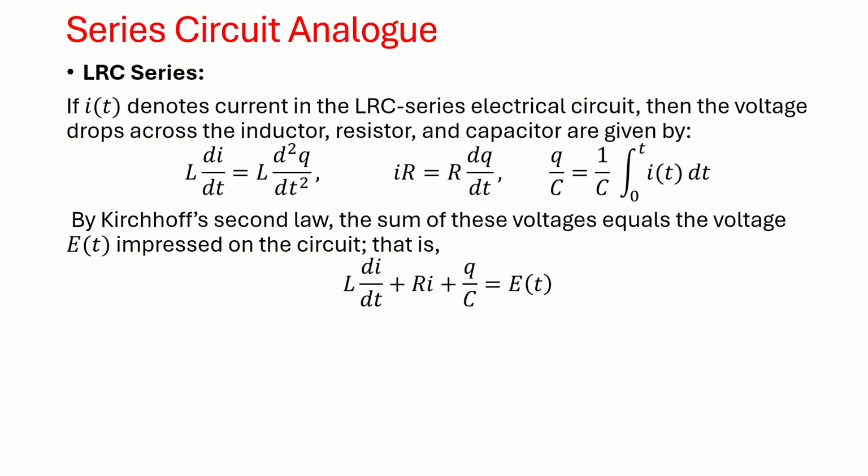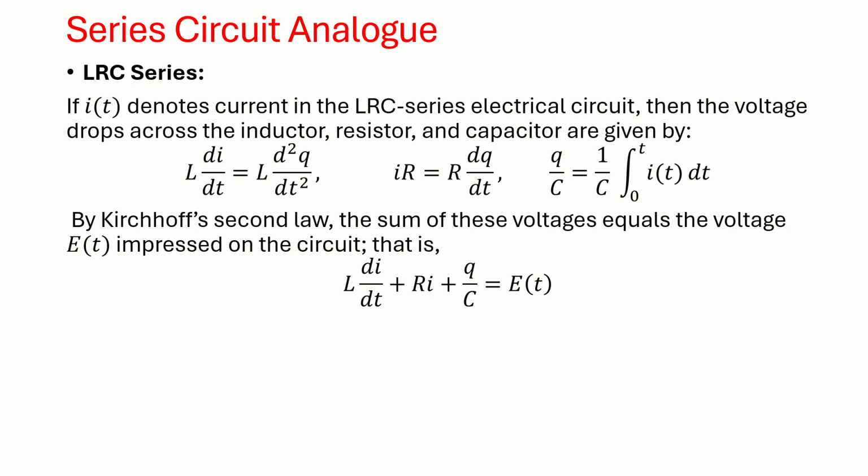Mathematically, we say that L times di by dt, that's the voltage drop at an inductor, plus IR by Ohm's law, that is the voltage drop at a resistor, whereas Q by C is the voltage drop at a capacitor. So by Kirchhoff's law, sum of all these voltage drops should be same as the input one, that is E of t.